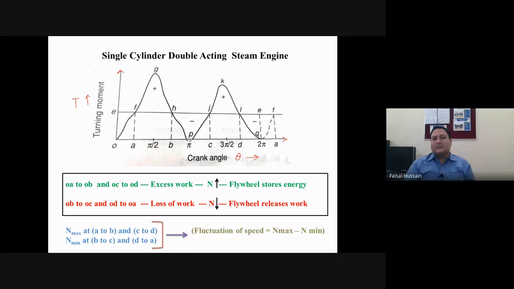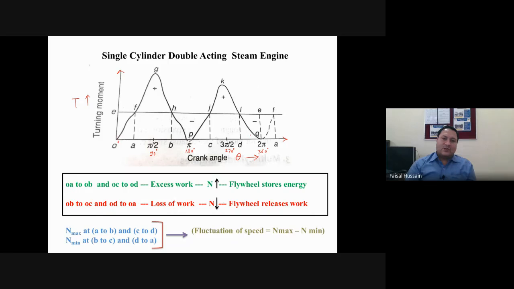So as you know that one cycle, in this diagram it is being shown that one cycle is completed in 0 to 2 pi. 0 to 2 pi means this is 0 degree, pi by 2 means it is 90 degree, 180 degree, then 270 degree, and then it is 360 degree. So one revolution of crankshaft is used to complete the cycle.